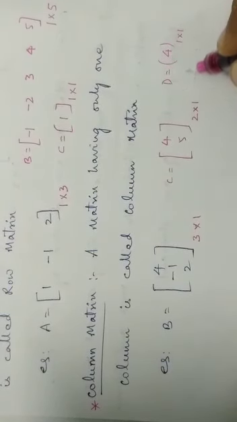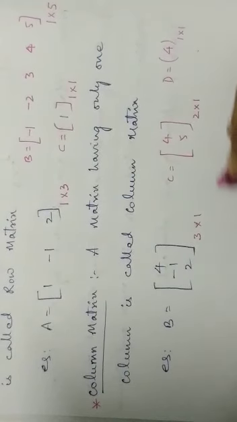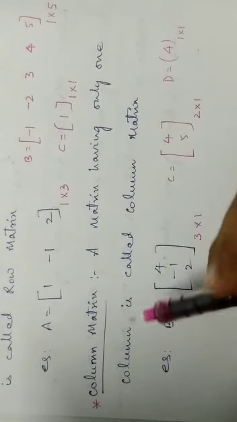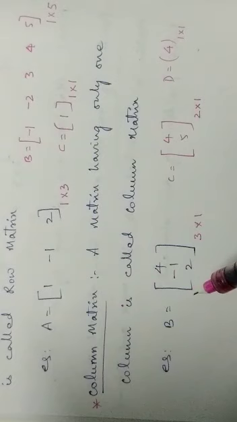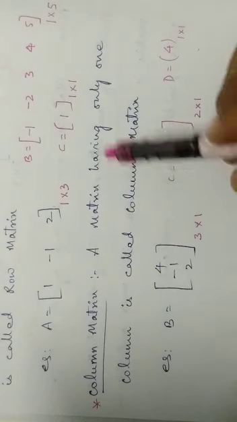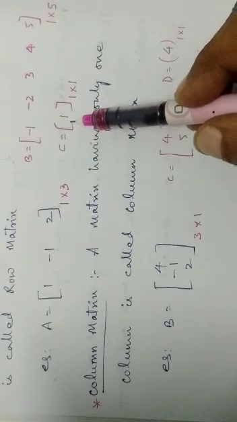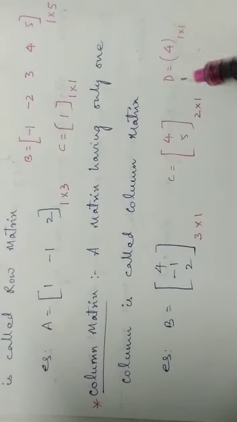Except in this case, in all the remaining cases, either it is a row matrix or a column matrix, always rectangular matrix, except matrix containing only one element. I think you are very clear about the definitions of row matrix and column matrix.